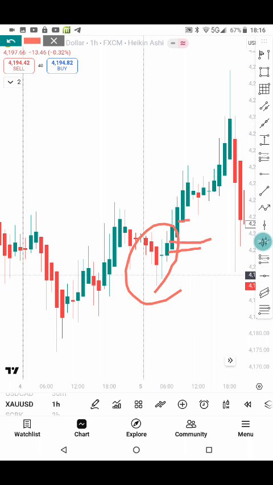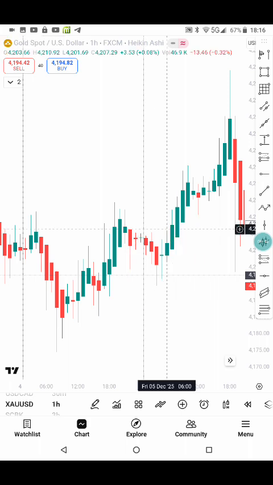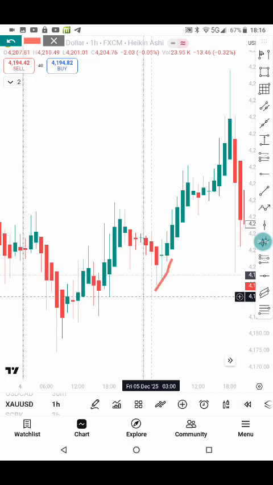After the doji, this candle forms, it has a wick, so for me that is not a strong trend. The third candle has no wick. I wait. This candle has no wick, so my entry is here. I buy.